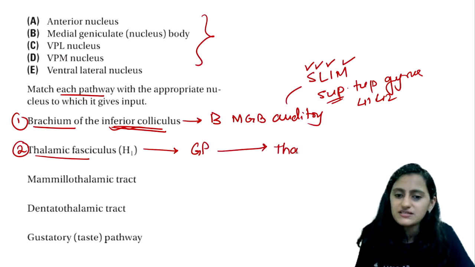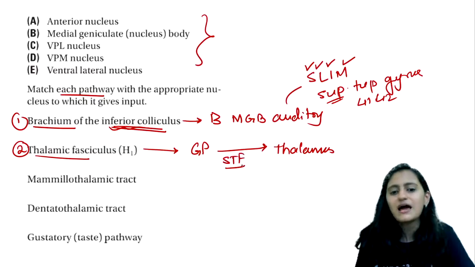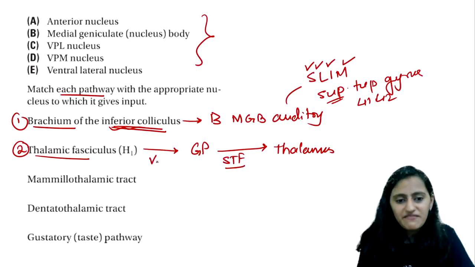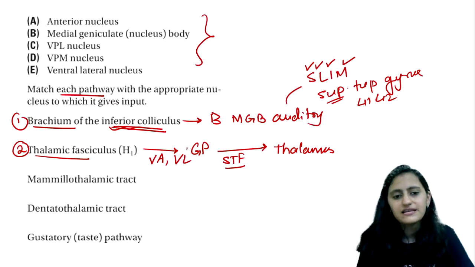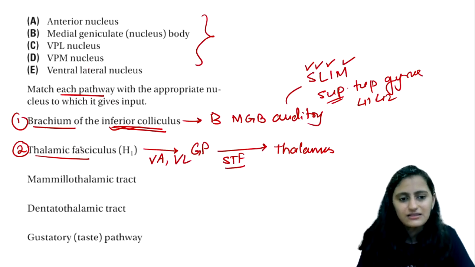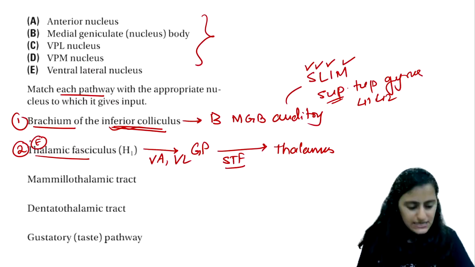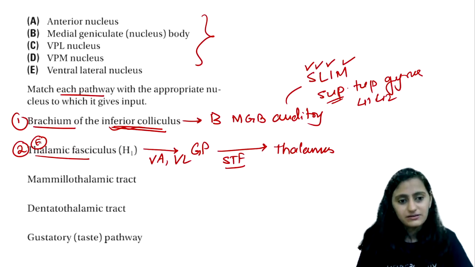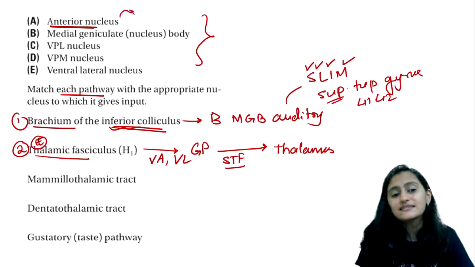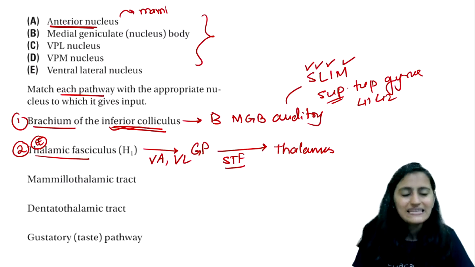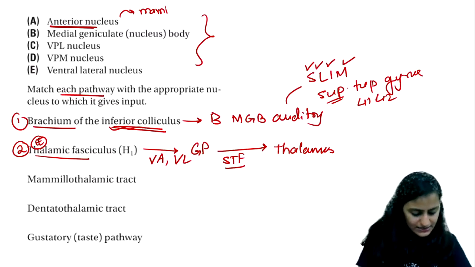When it goes to the thalamus, it goes via this subthalamic or thalamic fasciculus. So it would be ventral anterior or ventral lateral. You don't have ventral anterior in the option, so the answer will be E, that is ventral lateral. It is not anterior nucleus, which is your mammillary. Don't confuse it with ventral anterior. Anterior is different, ventral anterior is different.